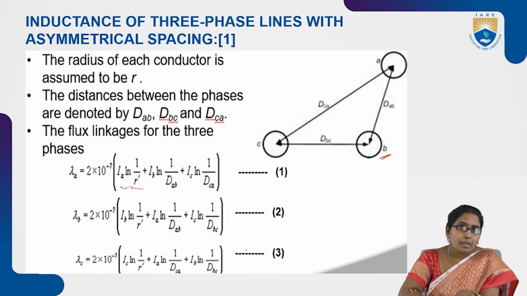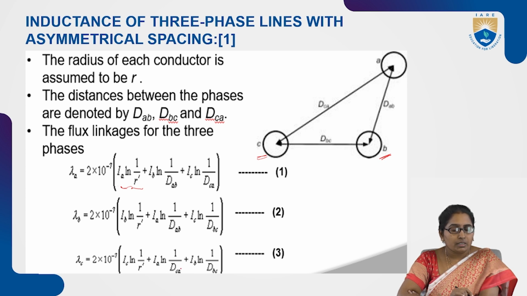Next, similarly, the flux linkages of conductor C: 2 into 10 power minus 7 times, due to its own current, Ic into log of 1 by r dash. Then C is linked with the remaining two conductors, the nearby conductors of phases A and B. Due to conductor A, Ia into log of 1 by DCA.